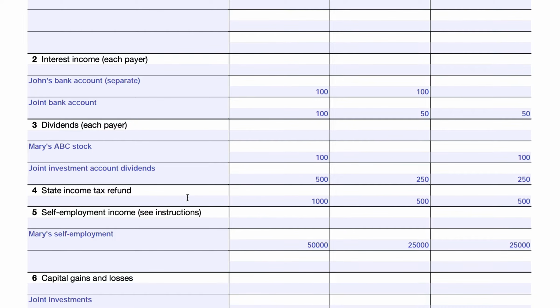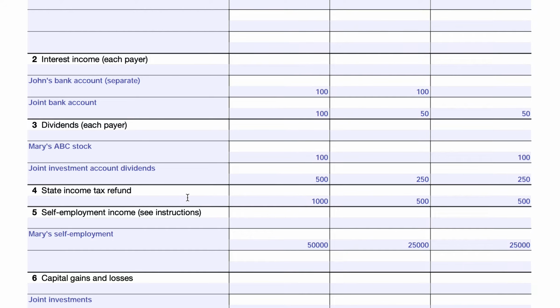Now we go to state income tax refund. This is a little bit harder one to nail, but I couldn't find anything in the form instructions or Publication 555 that states exactly how a state income tax refund would be treated.